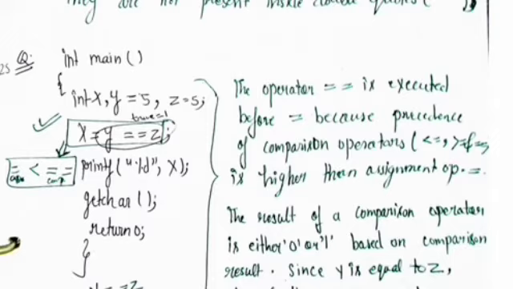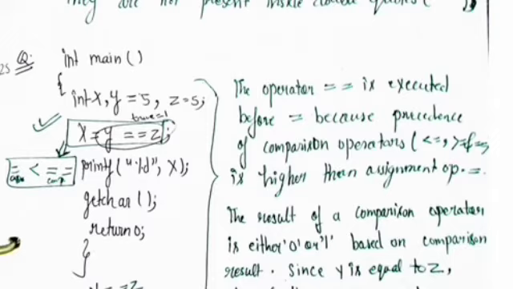So the output of this program is going to work, but firstly we need to know about the precedence and associativity of the operators. So here x equal to y and y equal to z.